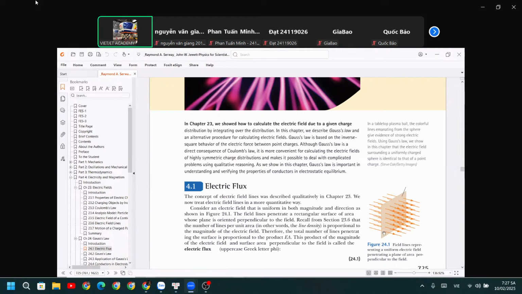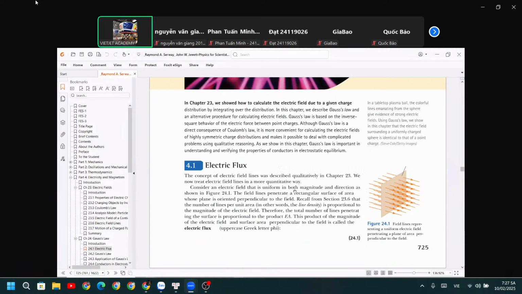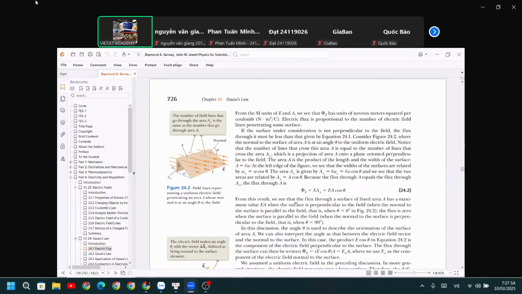Then in this case, the flux is the product of E and A.